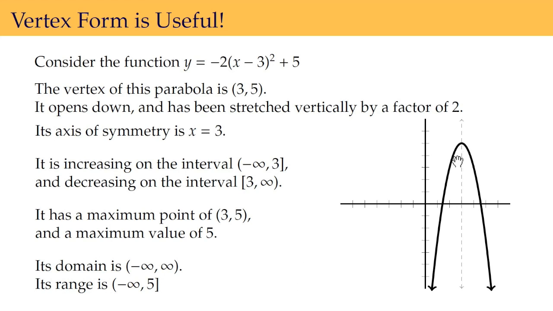There is a point on this function that has a y-coordinate of 5, and that point, incidentally, is the vertex. So vertex form is very useful. You can get all of this information directly from just looking at the function in vertex form and knowing how to interpret it.